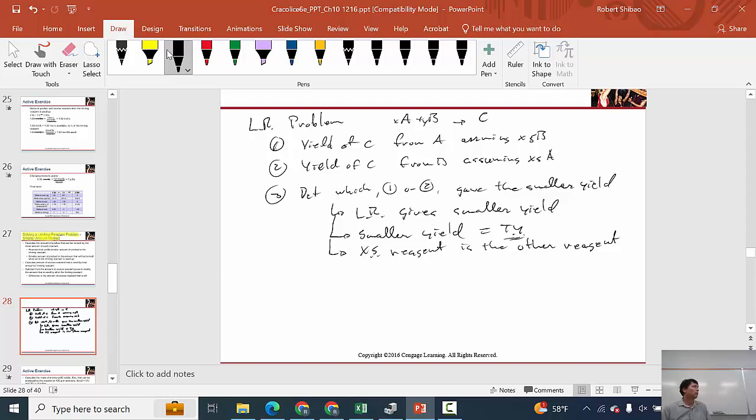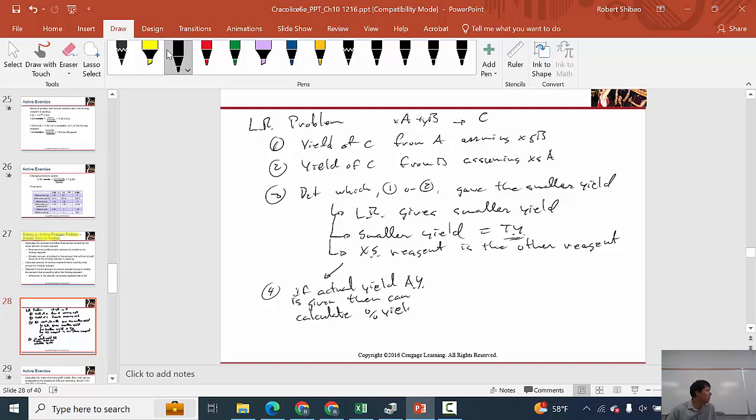Now, percent yield is a different story. We might calculate the percent yield. There are a number of things we could do here. For example, if the actual yield, AY, is given, then we can calculate percent yield.